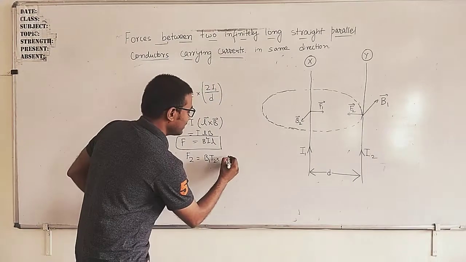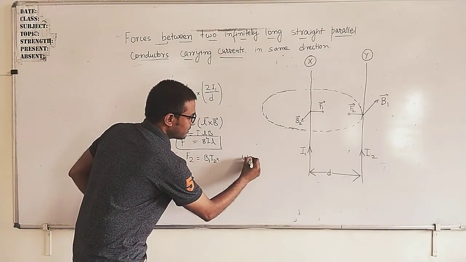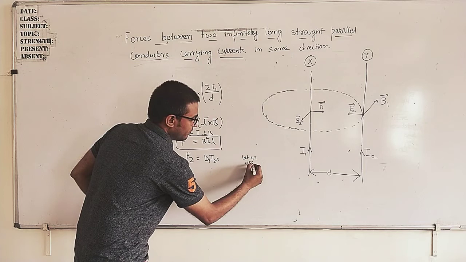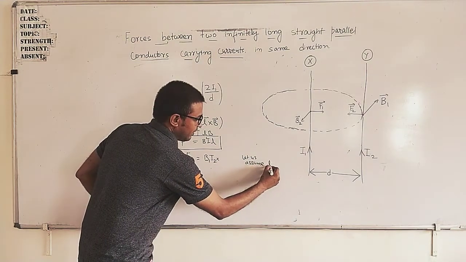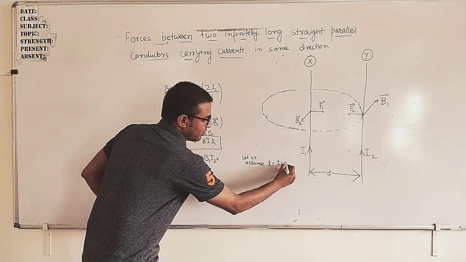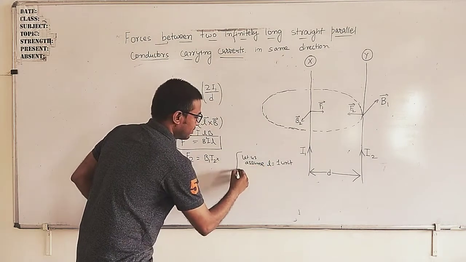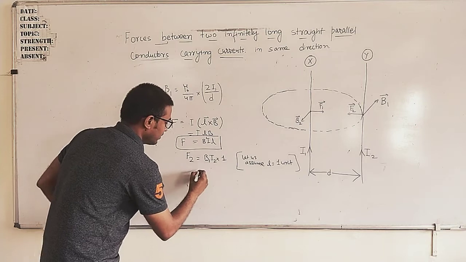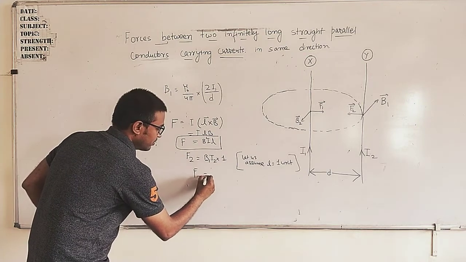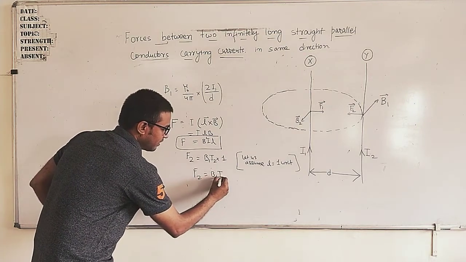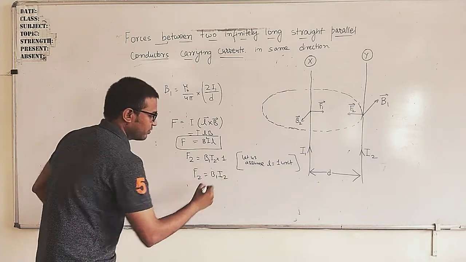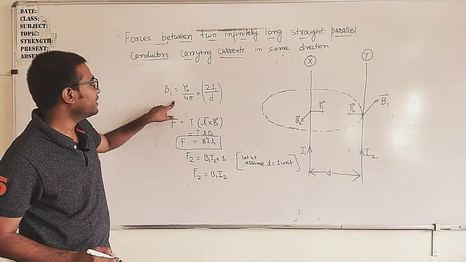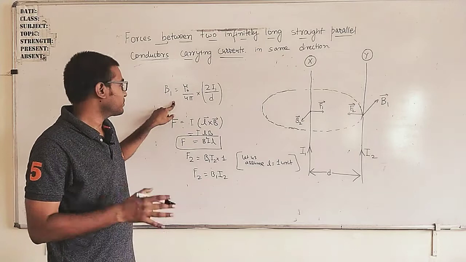We have to find out the expression for the force per unit length. So let us assume L is 1 unit or 1 meter, whatever. In that case it simply becomes 1. So F2 becomes B1 I2. But we already have the expression for B1.